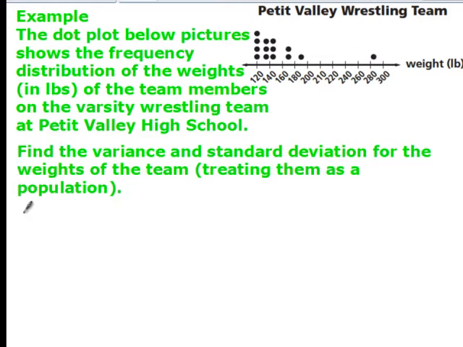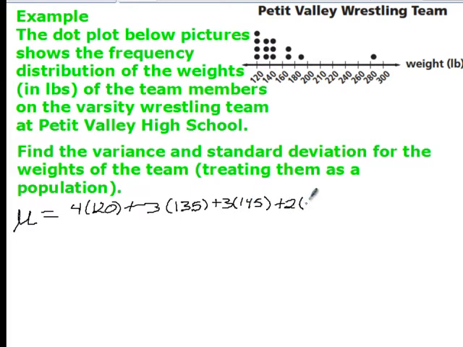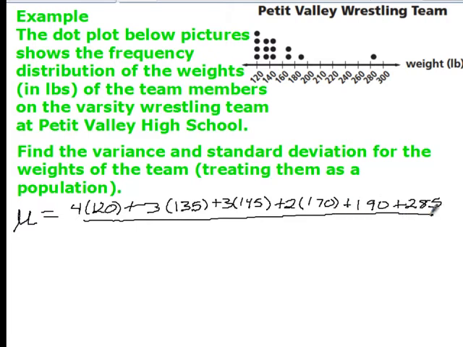So the first thing we've got to do is find the mean, or find mu. So we're going to do 4 times 120 plus 3 times 135 plus 3 times 145 plus 2 times 170 plus 190 plus 285, and that's going to be all over, we've got 10, 12, 13, 14.